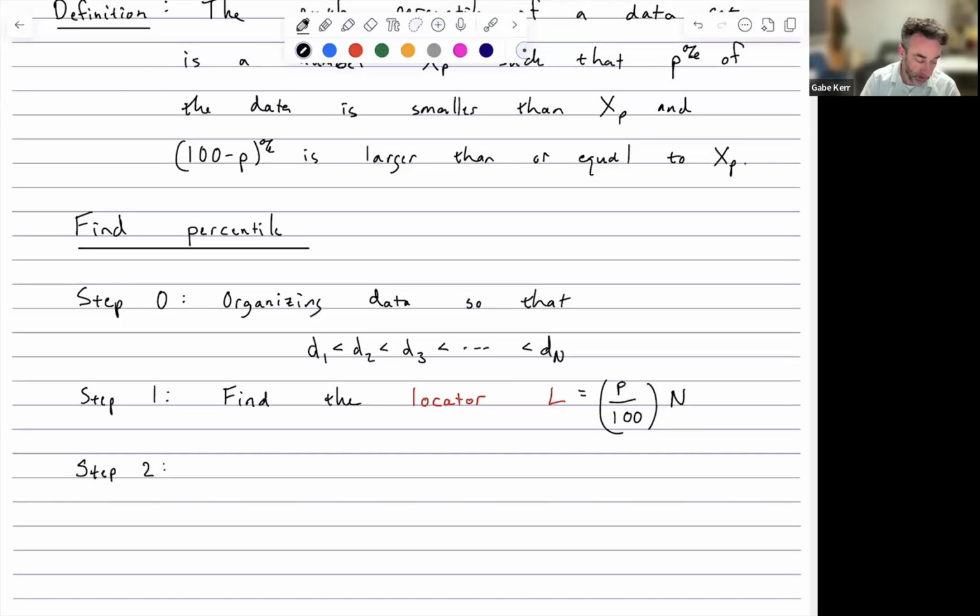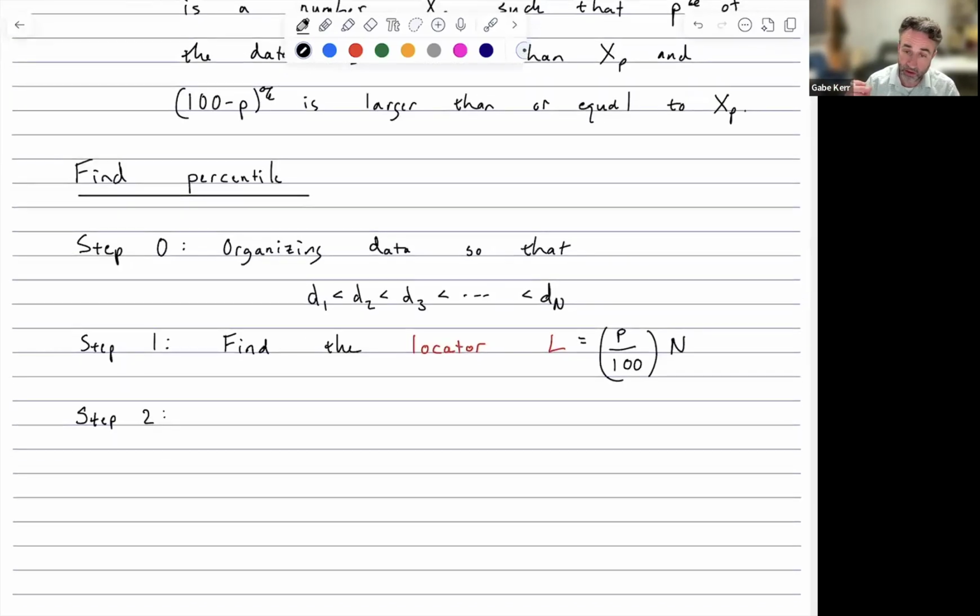And then step 2 is the final step of our process. We have to discern whether or not L is a whole number. So one option is if L is a whole number, meaning a counting number like 1, 2, 3, 4, then we define x sub p to equal the average of the Lth point in our data set and the L plus first point in our data set.